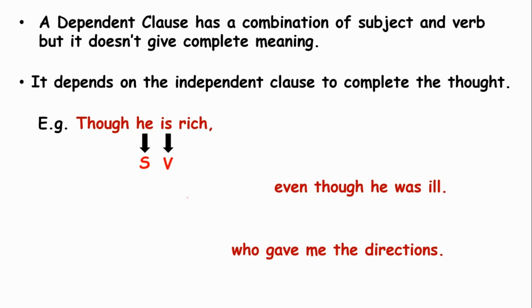Exactly like that, even though he was ill: he is the subject and was is the verb. Who gave me the directions? Who is the subject here, and gave is the verb. Here also we have a subject-verb combination, but this clause is incomplete in its thought. Let us see how to complete it.